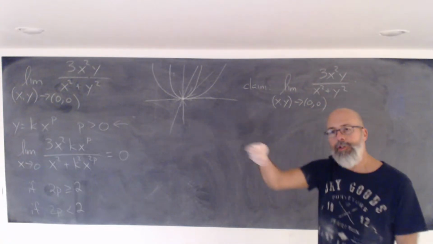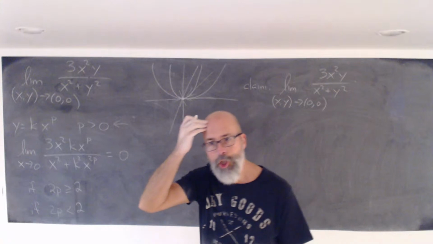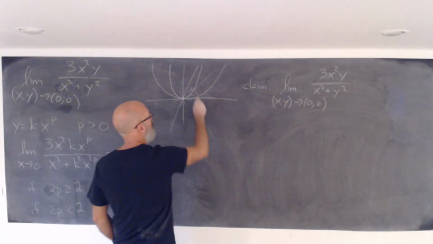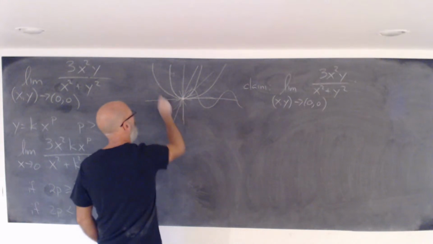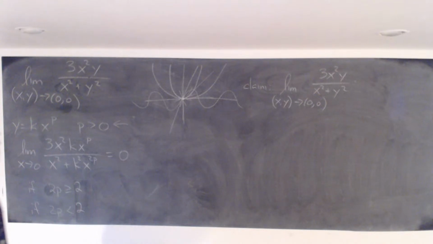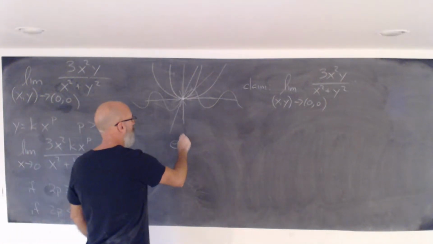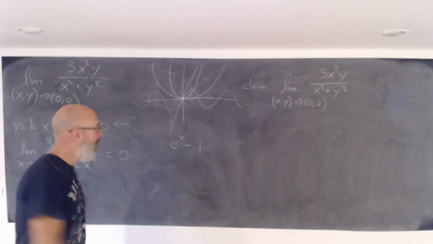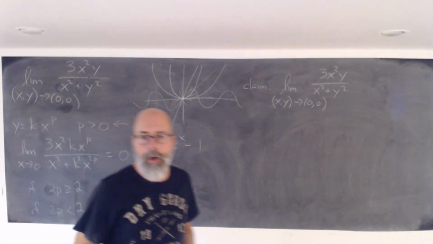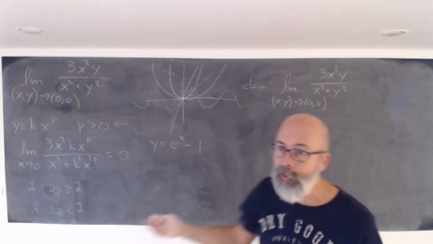Of course, there are still infinitely many paths we did not check. We did not check the sine function, e to the x minus 1, and, look, I'm not going to list them all. There are infinitely many.